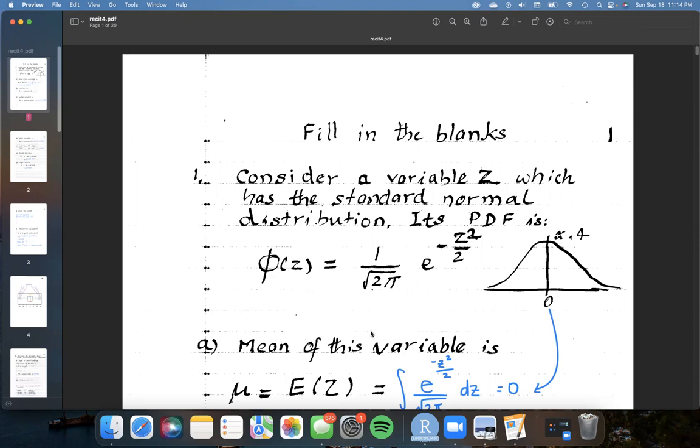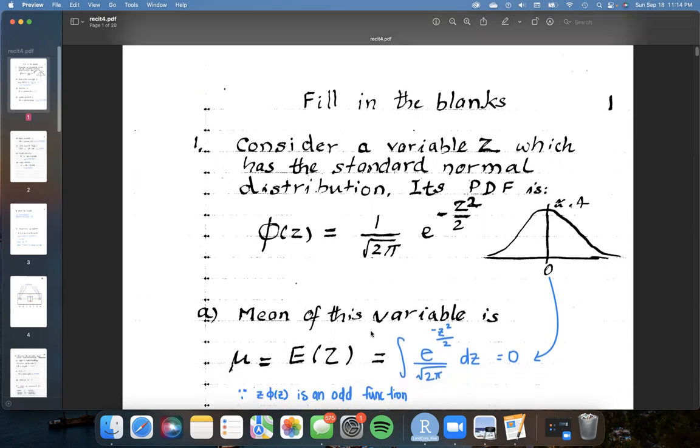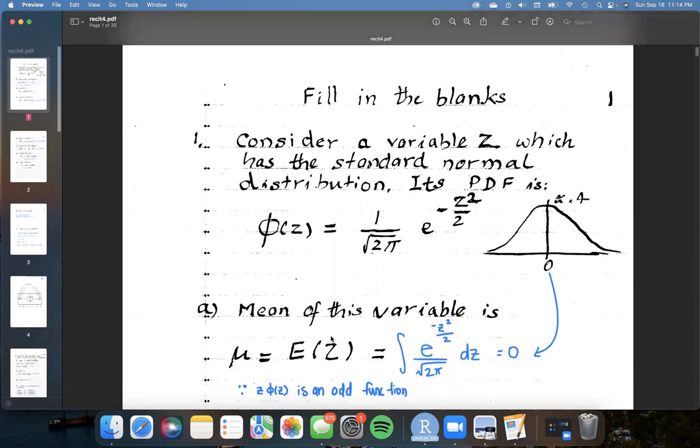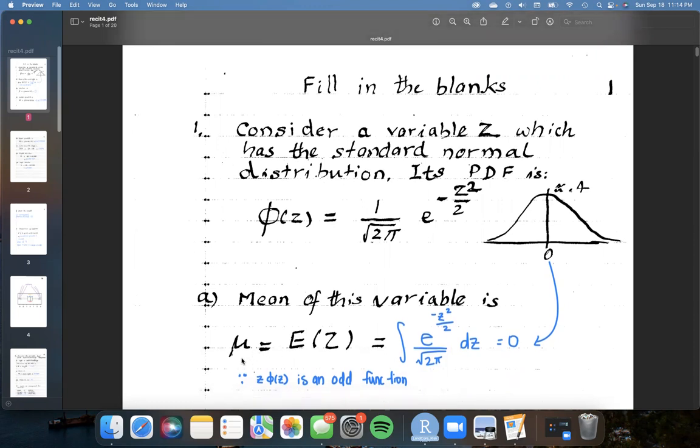So first, part A wants us to find the mean of this variable. So for standard normal, the mean is 0, and the variance is 1, or standard deviation is 1. You can find that by integrating this probability density function with respect to the variable z.